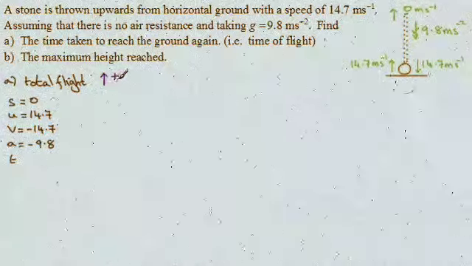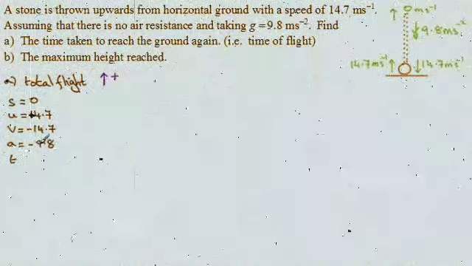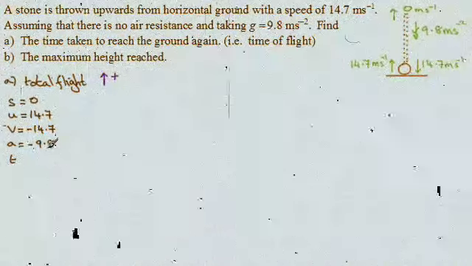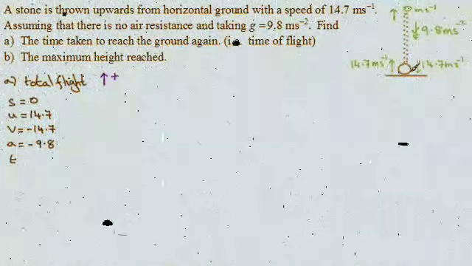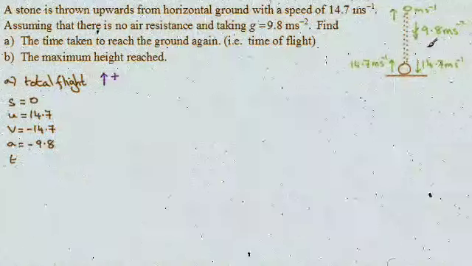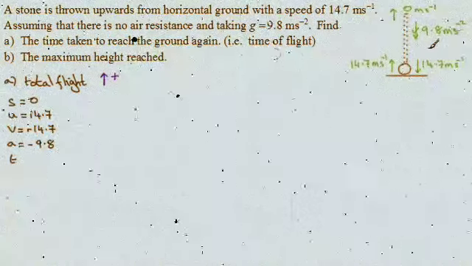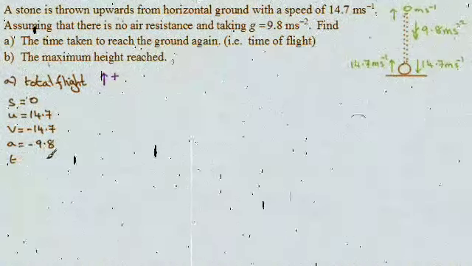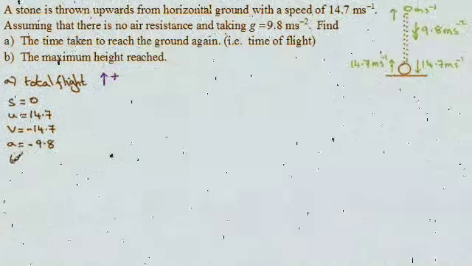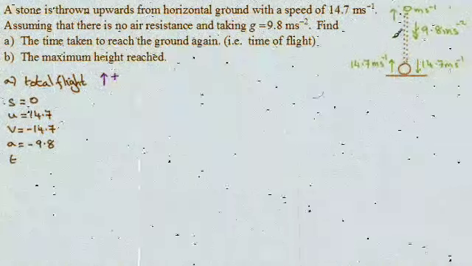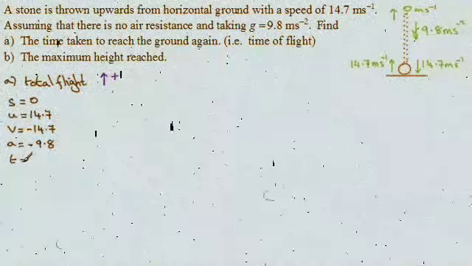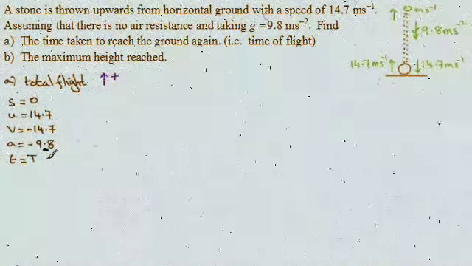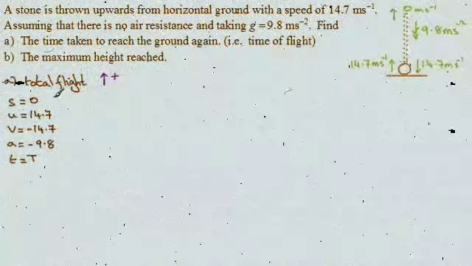And I'll show you in a moment, when we've completed this method, the alternative, slower method, where I look at the motion going up and the motion going down in two separate stages, and you'll see it works. This method here. Now we've got to find t, the time of flight, the time taken to go up here and back down here, and I'm going to call that big T. So what could I use then?